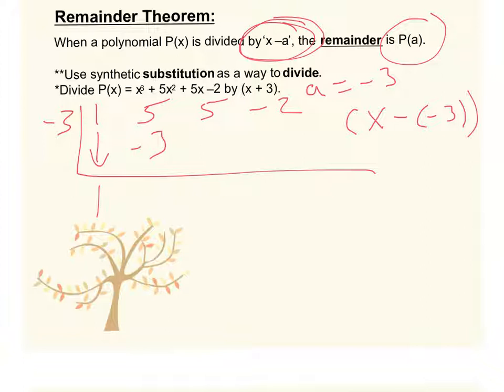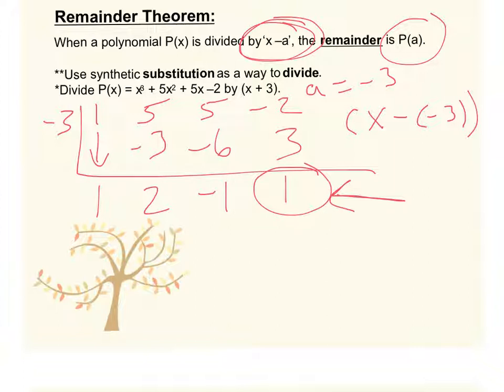Adding those, I get 2. Negative 3 times 2 is negative 6. 5 plus negative 6 is negative 1. Negative 3 times negative 1 is 3, and adding those I get 1, and there is my remainder.